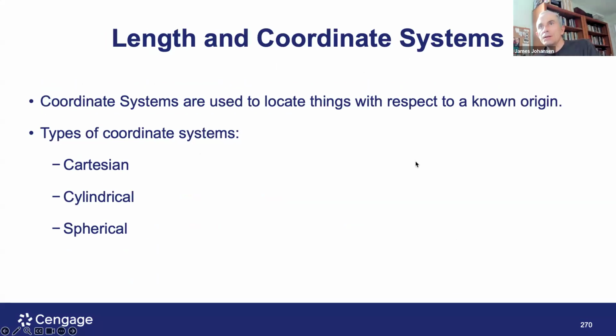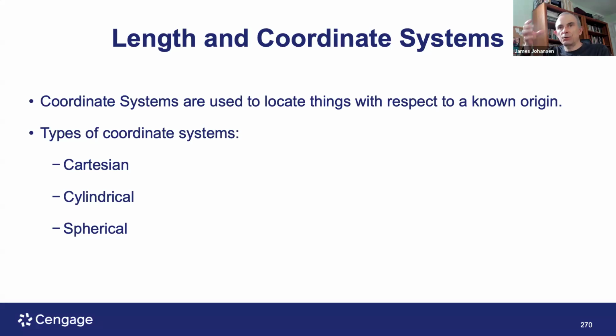Then we have coordinate systems. Coordinate systems are used to locate things with respect to a known origin. These are the names, and some of you, maybe all of you, are familiar with this. Cartesian, you can think of like X, Y, and Z. Cylindrical, you can think of a soda can.